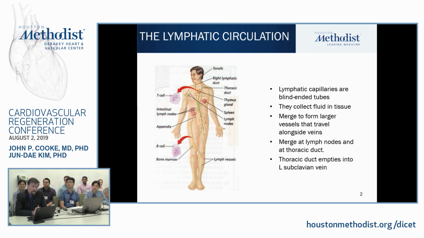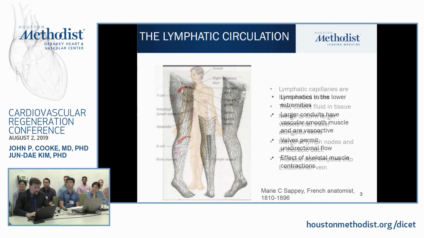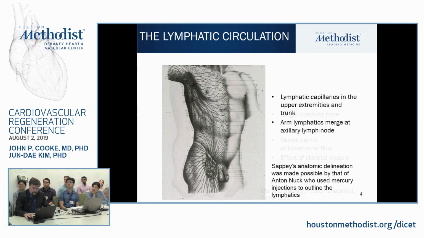Anyway, these capillaries merge to form larger tubes that ultimately travel alongside the large veins in the tissues. They merge at the lymph nodes and then they empty into the thoracic duct. The thoracic duct is right here. Whoops, sorry about that. Let me go back.